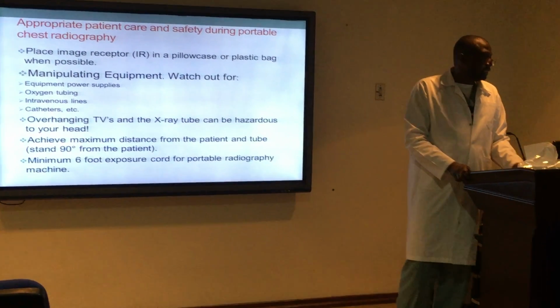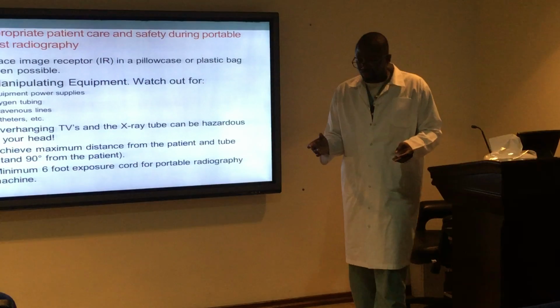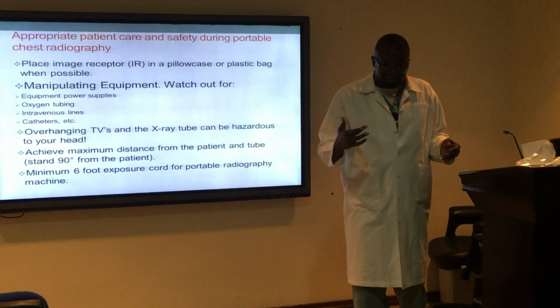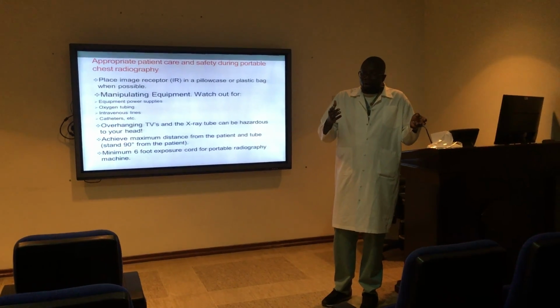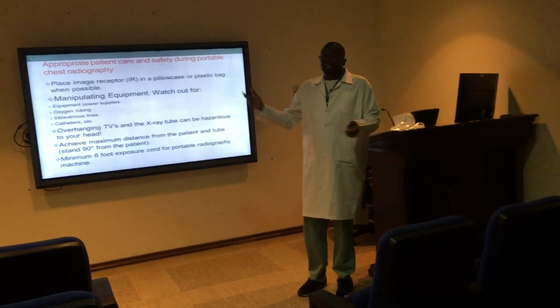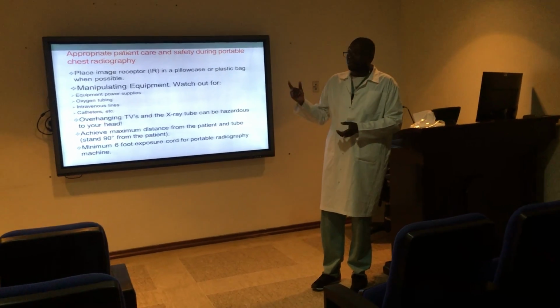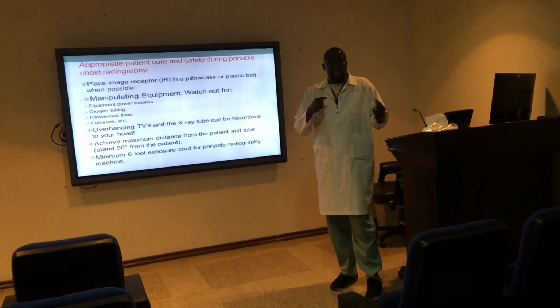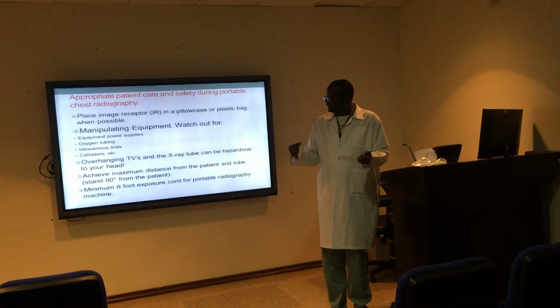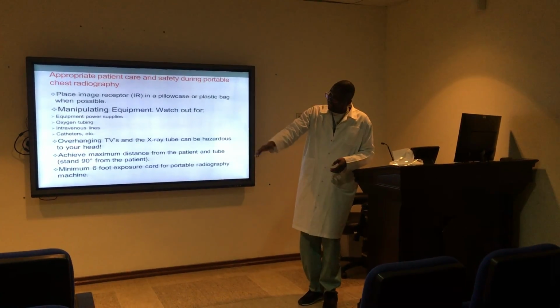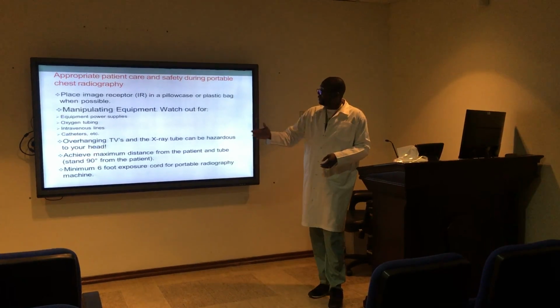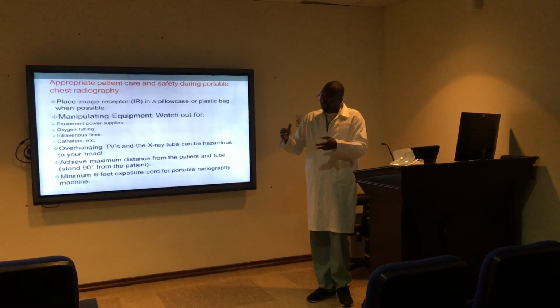Manipulating equipment. There are certain things we have to watch out for when we are doing a portable chest x-ray. As we know, especially in the ICU, as you can see from the picture I showed you earlier, there are many lines attached to the patients. We have oxygen tubing, equipment power supply in the room, intravenous IV lines, the catheters.